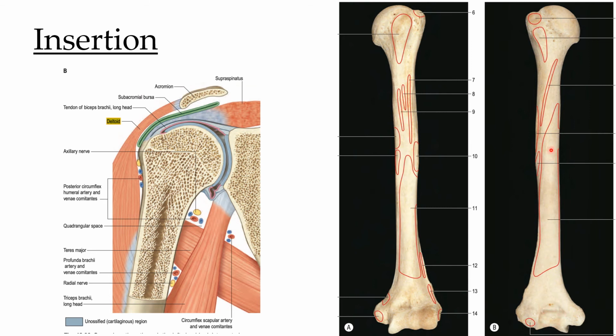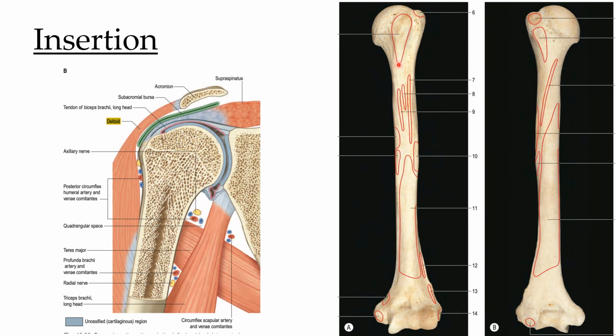So, this is the posterior aspect of the humerus, and this is the anterior aspect where you can see lesser tubercle and a part of greater tubercle. You can also see intertubercular sulcus, which is also called bicipital groove. This lesser tubercle is the site of insertion of subscapularis, which takes origin from the medial two-third of the subscapular fossa.